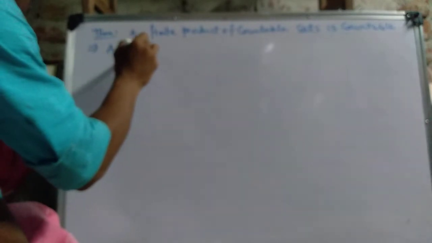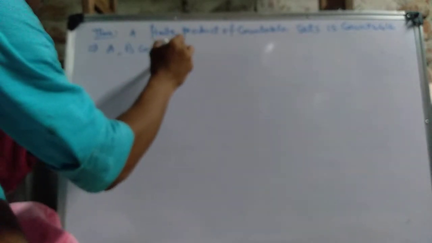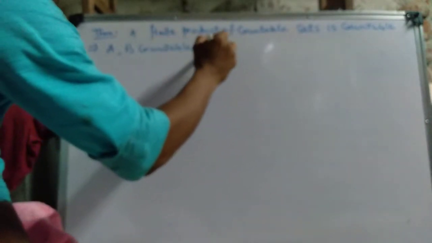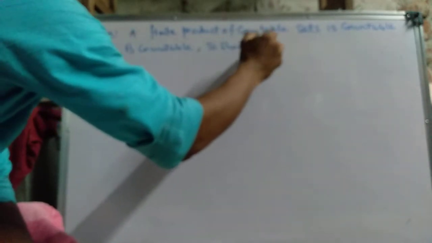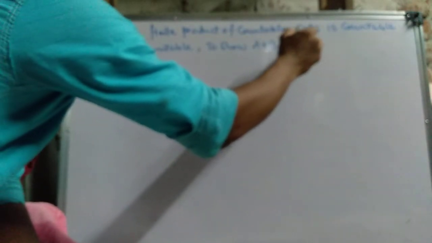First let us show that the product of two countable sets, A and B, that A Cartesian product B is countable.